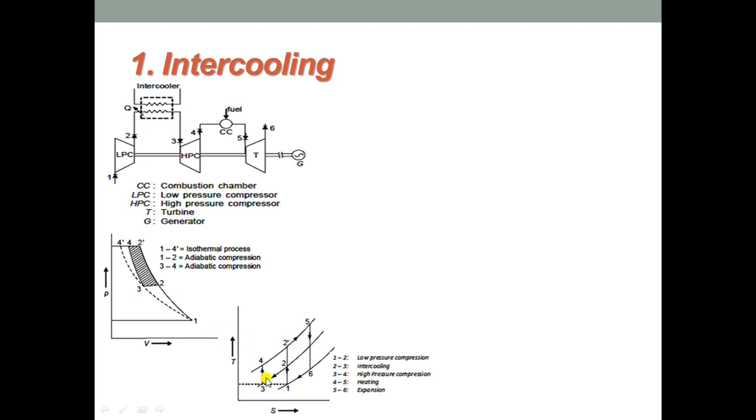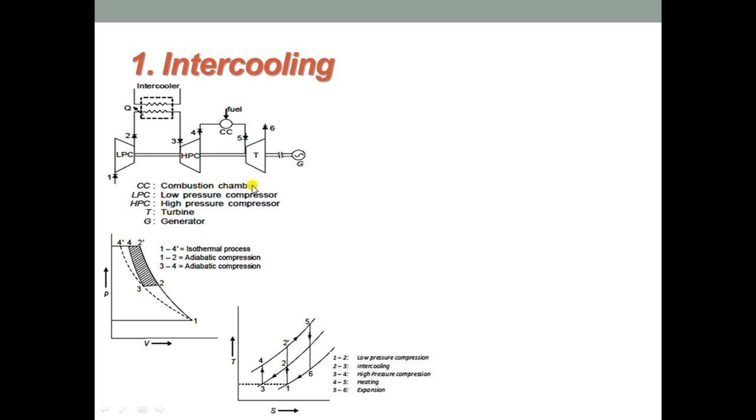You can notice in your TS diagram, and further compressed in the high pressure compressor from point 3 to point 4, which is a second stage of compression to condition 4. The heat addition and expansion in the turbine takes place in the usual manner.